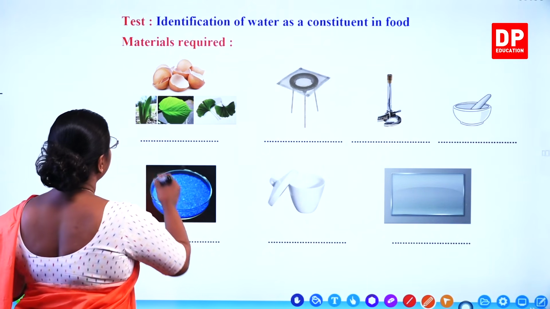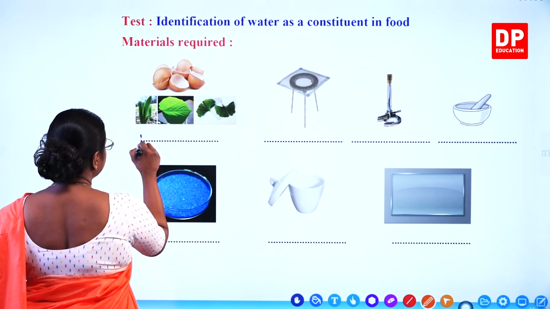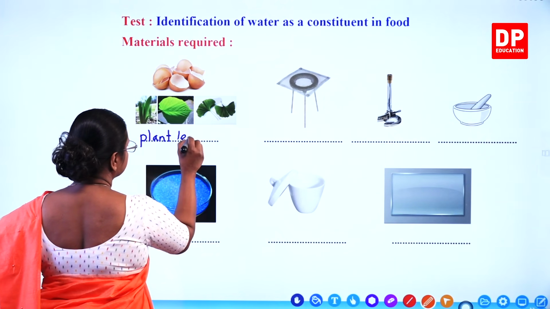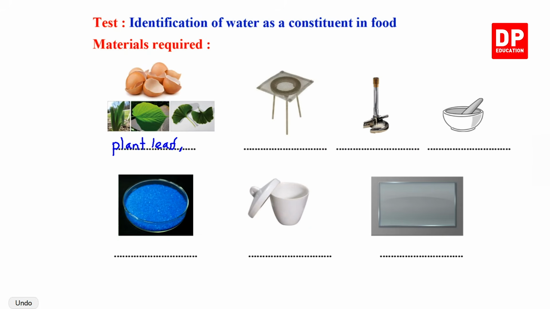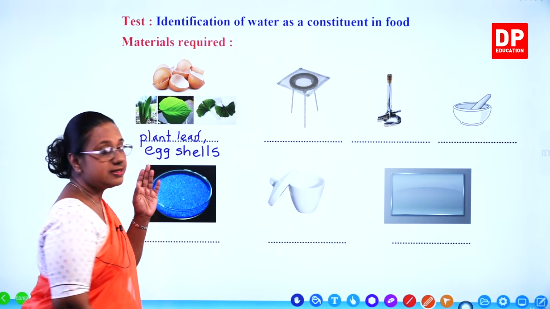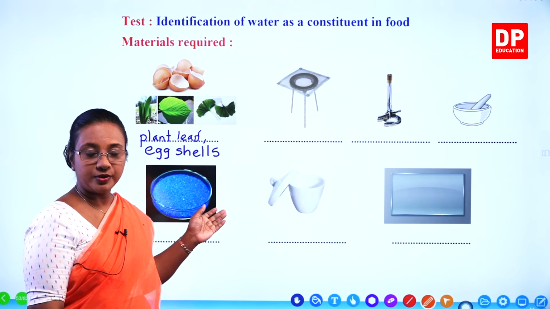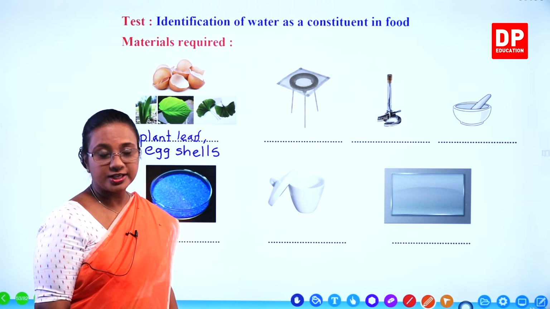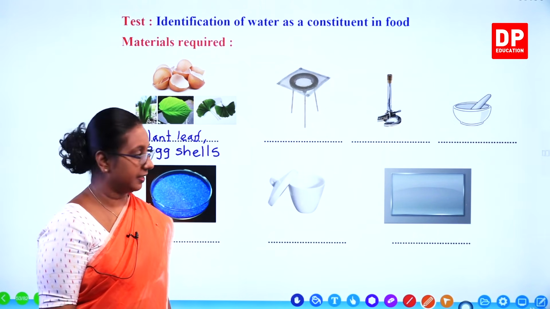So, here I can say a plant leaf or eggshells. This is the material that we are going to test the presence of water as a constituent particle.